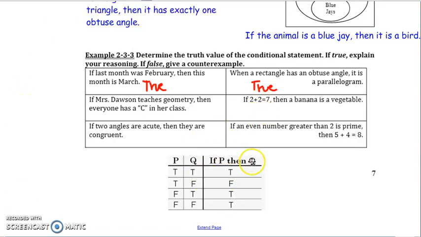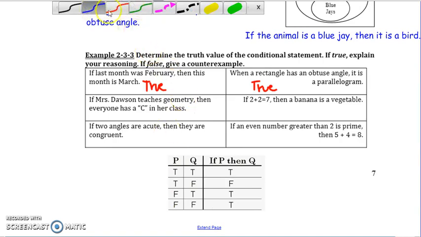So to help us be a little less tricky on this one, I kind of copied our table here to help us. So this is false, and then everyone's not going to have a C in her class, so that is false. So it's actually a true statement when we have the false and false. Okay, so it gets a little bit tricky with these.